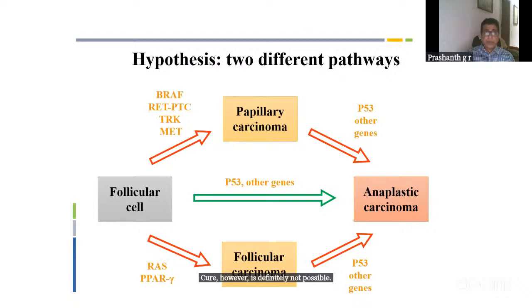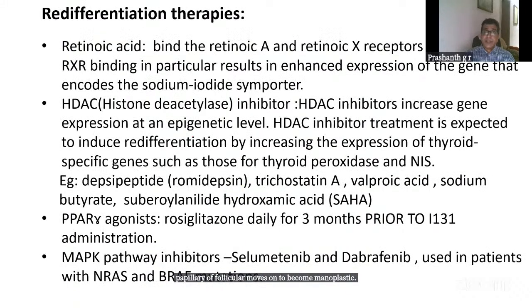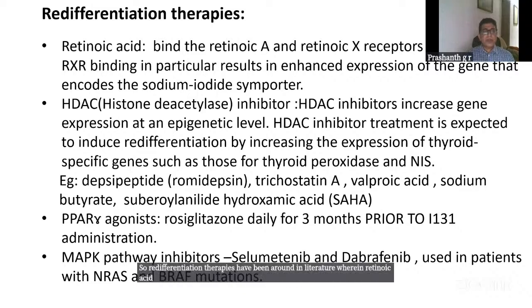So when we are talking of dedifferentiation, these are the two hypotheses demonstrated wherein with P53 and other genes, papillary or follicular moves on to become anaplastic. So redifferentiation therapies have been around in literature, wherein retinoic acid or HDAC or PPAR agonists have been recommended.